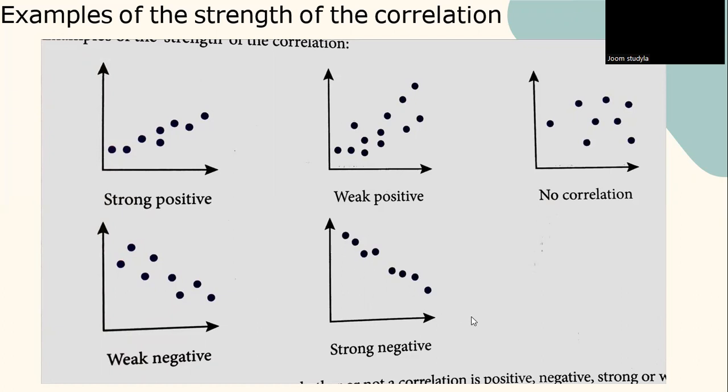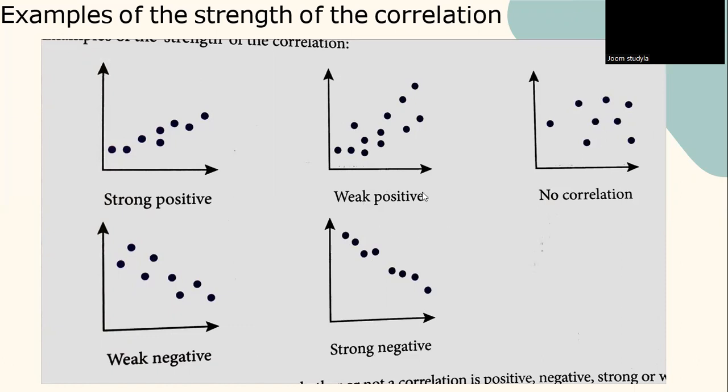It goes down, back. The same thing goes here, whereby initially it goes up, sometimes it goes down, goes up, and then down again, and then goes up. So it is called a weak negative. And no correlation, you might see as well.